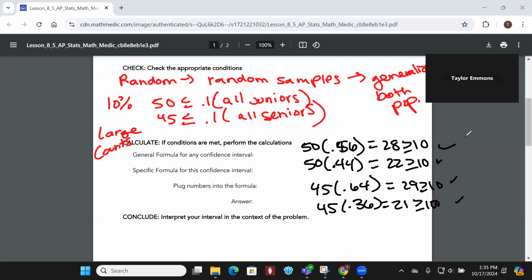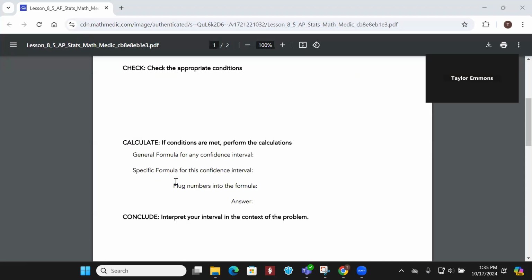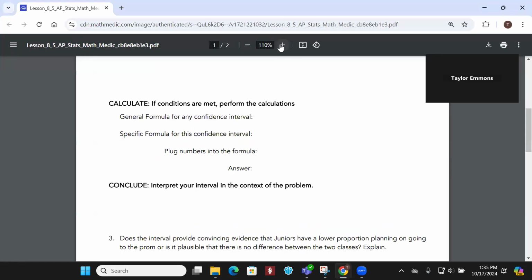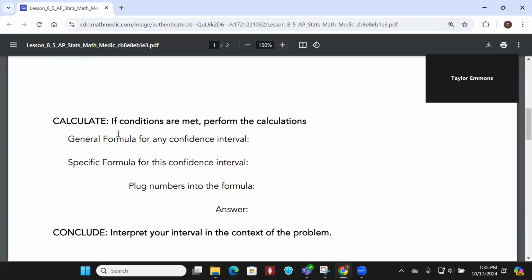Now we're going to calculate. The only difference between what we did on the last one and this one is that we're going to find the difference between the 2 point estimates. The general formula is the same thing as last time: point estimate plus or minus the margin of error.